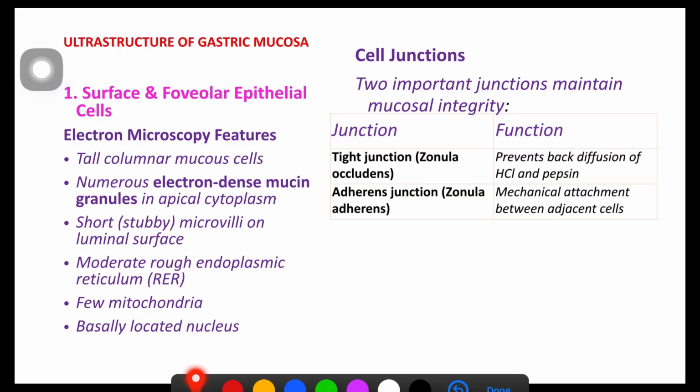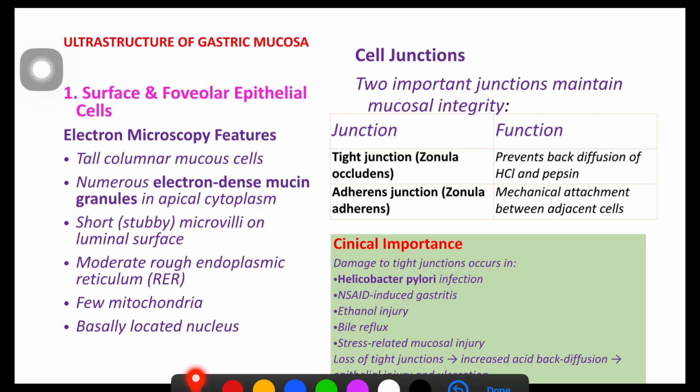One is the tight junction, called zonula occludens, which prevents back diffusion of HCl and pepsin, because all the cells secrete HCl and pepsin. If this HCl damages the stomach itself, then to prevent this, we require this junction. Then the adherens junction, or zonula adherens, is a mechanical attachment between adjacent cells.